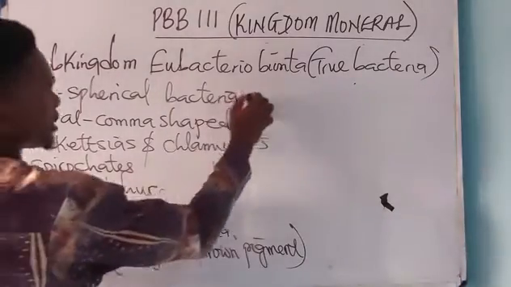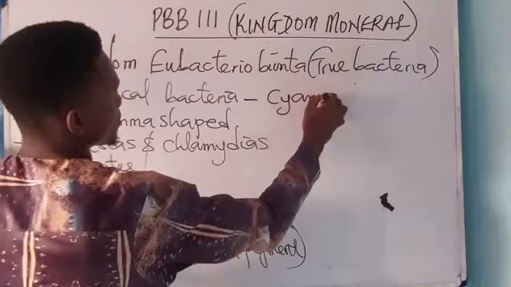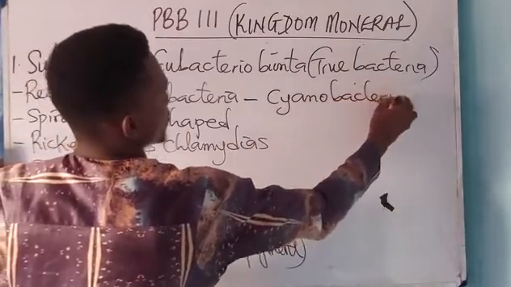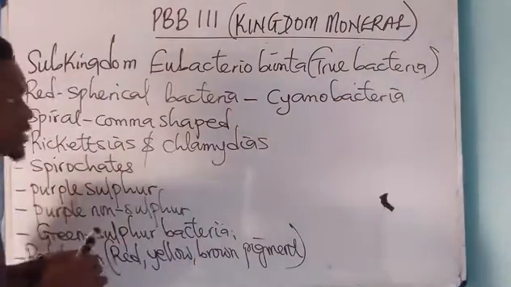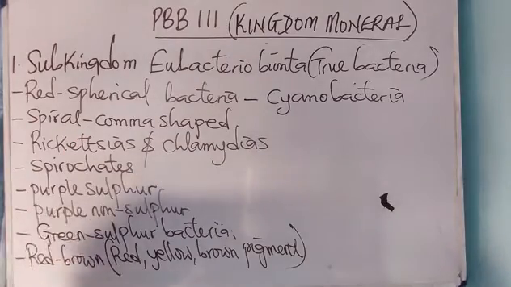Another example of eubacterium is the cyanobacteria. The cyanobacteria is also a good example of what? Eubacterium.